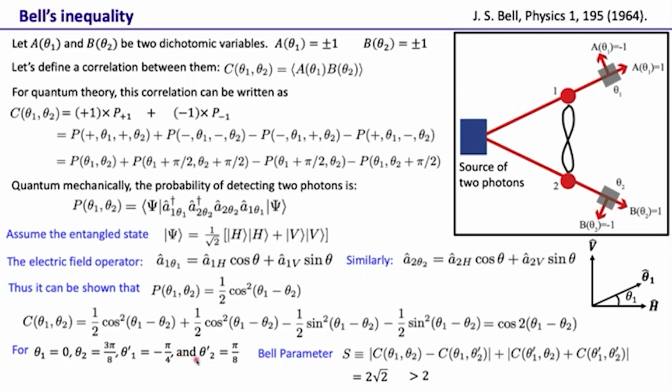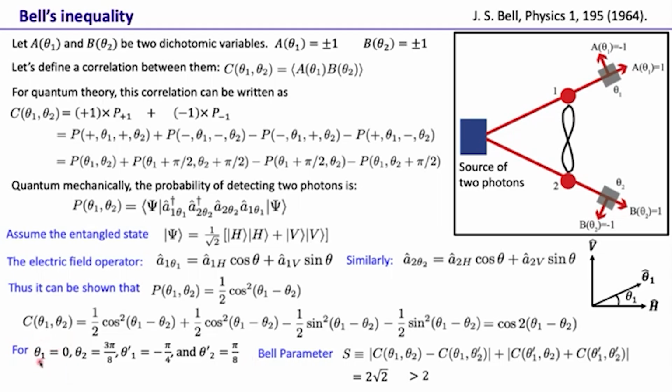So the whole point here was that we take up an entangled state, and we show that for at least a set of these theta values, this Bell parameter can actually be greater than 2. What Bell derived, Bell's inequality, showed that this parameter for hidden variables can never be greater than 2, but it turns out that for quantum theory, this parameter can indeed be greater than 2, although for a certain set of parameters.